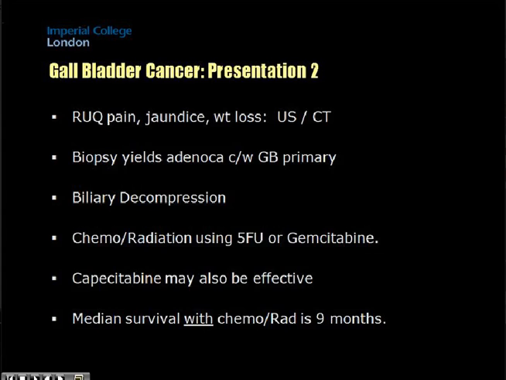You end up leading to biliary decompensation, and really the treatment option is left with systemic chemotherapy, for example, with 5-FU or gemcitabine or capecitabine, which may also be effective in some of the cases. But in this particular group of presentation, the median survival with chemotherapy or radiotherapy is only about 9 months.